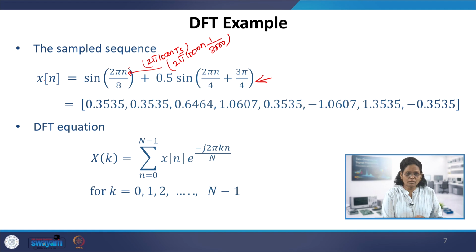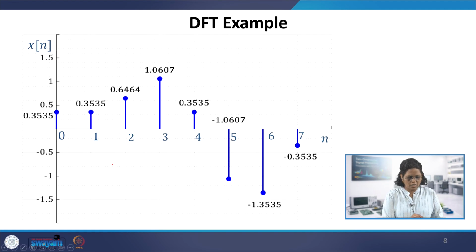Once we have the samples ready, we can put them in the DFT equation, which is known. This is the plotted sequence of x of n, the samples we got from the sequence, which was obtained from the continuous time signal.